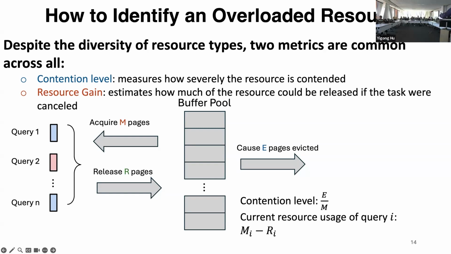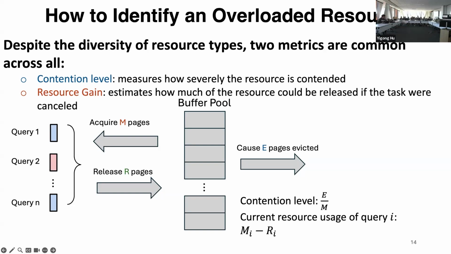The intuition is that a higher eviction number means severe contention in the buffer pool: every time you acquire one page, you need to evict one. And the resource usage for each query is just the pages assigned to the query minus the pages released by this query. With this, we can uniformly define these two metrics, but there's a slight improvement for the resource usage.